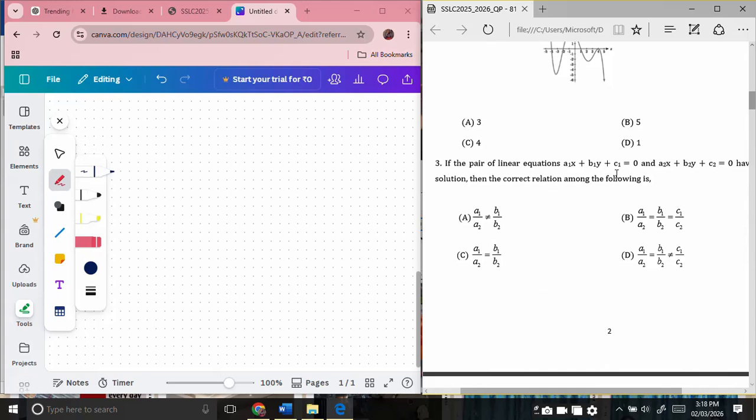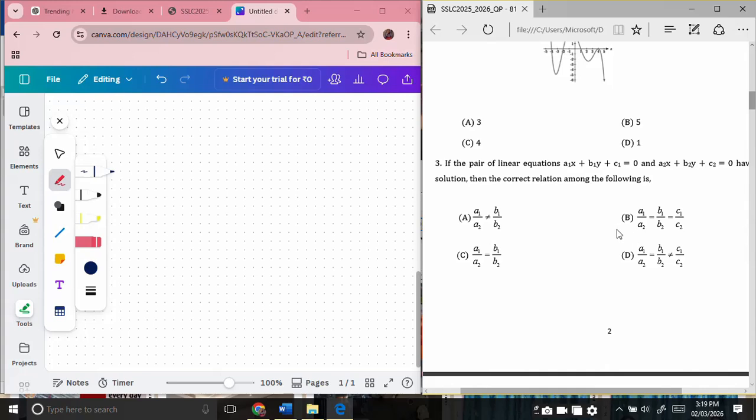Here they have given two equations, so we have to find the correct relation. Remember, in option B, a1 by a2 equals b1 by b2 equals c1 by c2. These are all equal, so this can't be it.